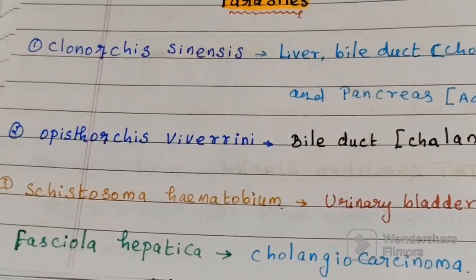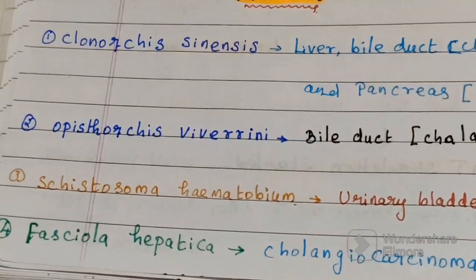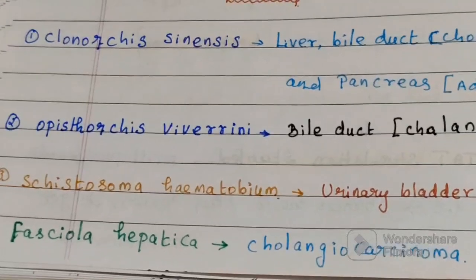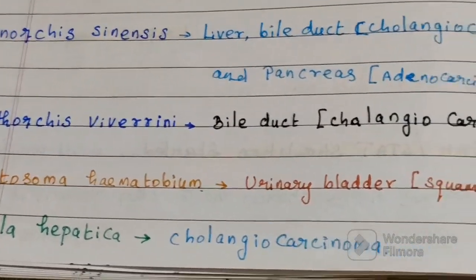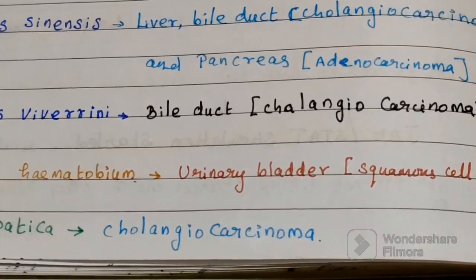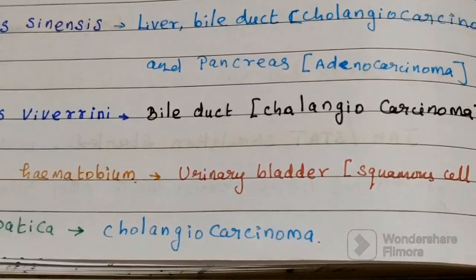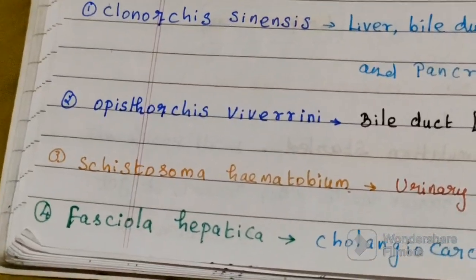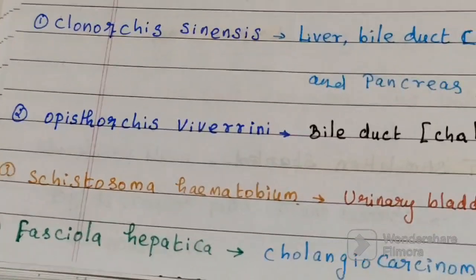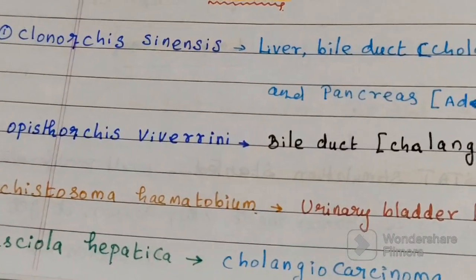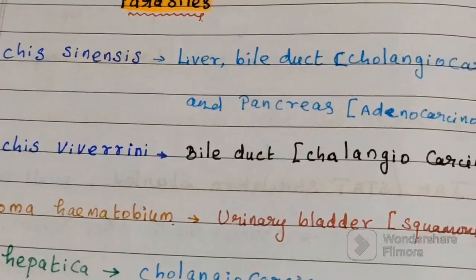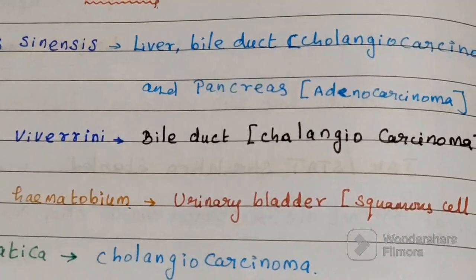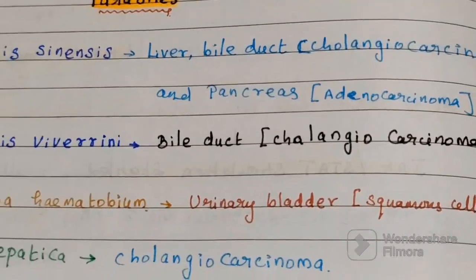Next one is Schistosoma haematobium. This one causes urinary bladder squamous cell carcinoma. Last one is Fasciola hepatica. This one causes cholangiocarcinoma.